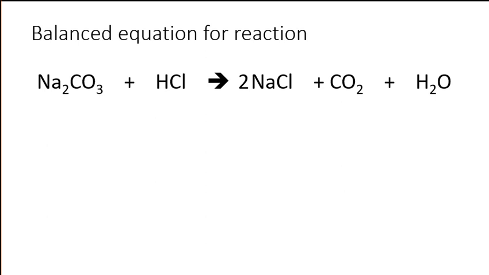But I think the hydrogens do not balance. There's only 1 hydrogen on the left and 2 hydrogens on the right of that chemical equation. But that's easily balanced. I just add a number 2 there in front of the HCl. I've also included the states. So now I've got a balanced equation.